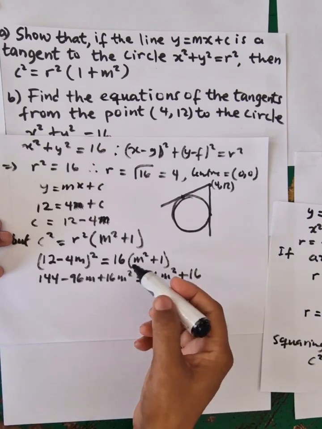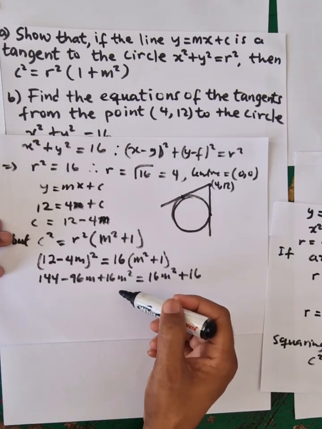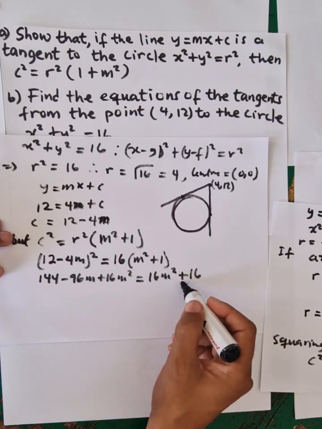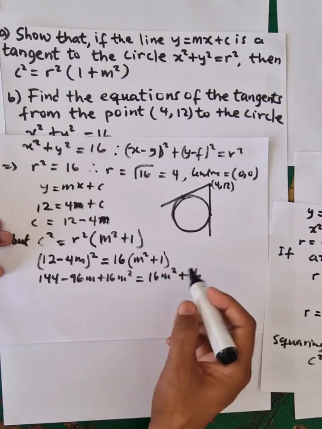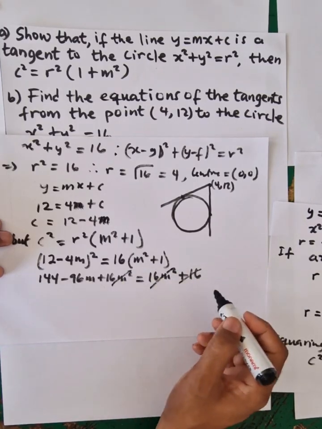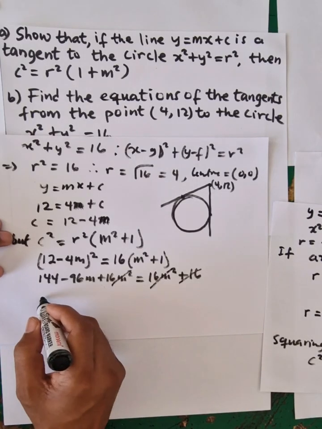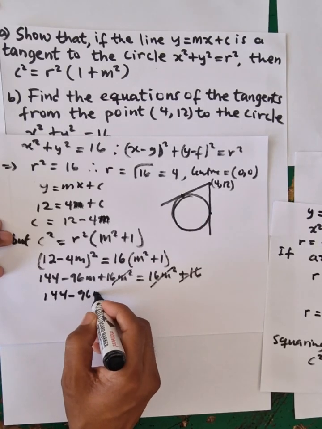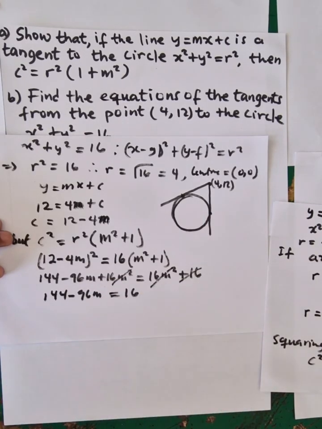Now when we have the same values both on the left and on the right hand side of the equation, and have the same operations in front of them, we can cancel them out. They nullify. This one nullifies. Then we are left with 144 minus 96m is equal to 16.